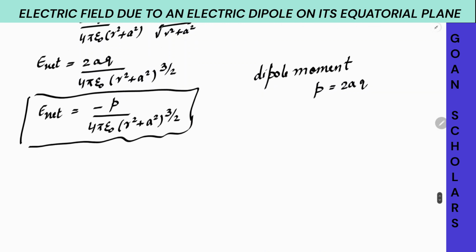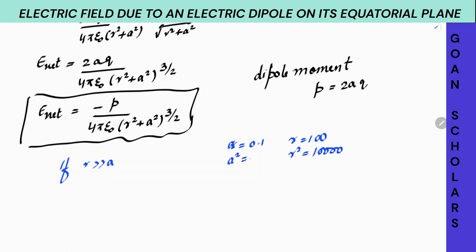Now there is a simple case. What is the case? That if r is much greater than a. Just imagine that r is 100 and a is 0.1. So if I take just hypothetical values, a as 0.1 and r as 100, what is the square of r? So square of r will be 10,000, right?